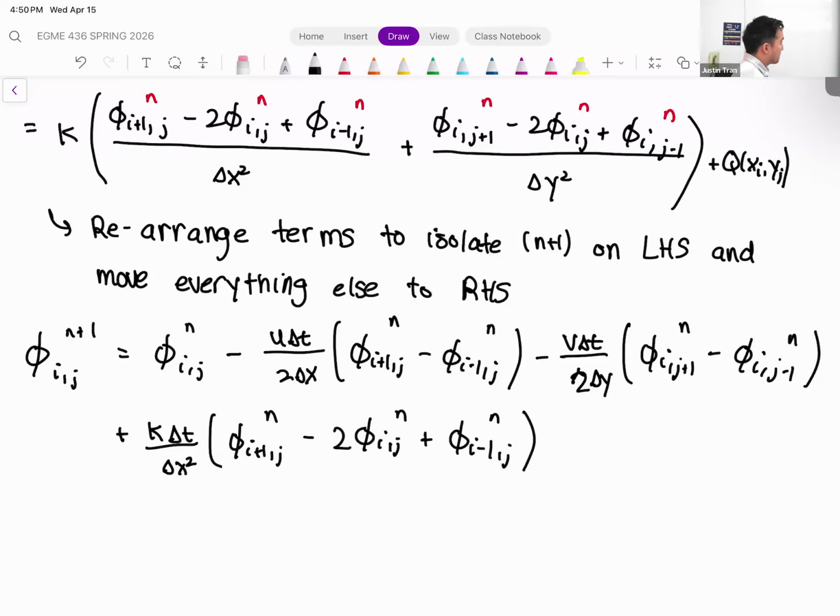So that's the x diffusion term. So we need to also do the same thing for the y diffusion, which looks very similar. The only thing is that the +1, -1s are going to be on the j index instead.